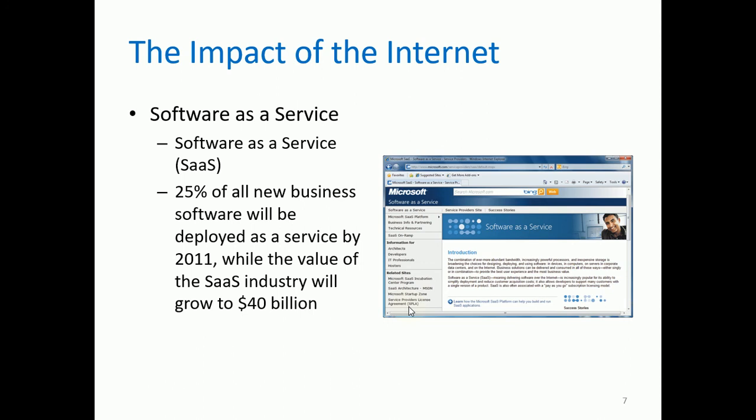Because of the internet, we have the so-called software as a service, or SaaS. 25% of all new business software will be deployed as a service by 2011, while the value of the SaaS industry will grow to $40 billion. So what is software as a service?